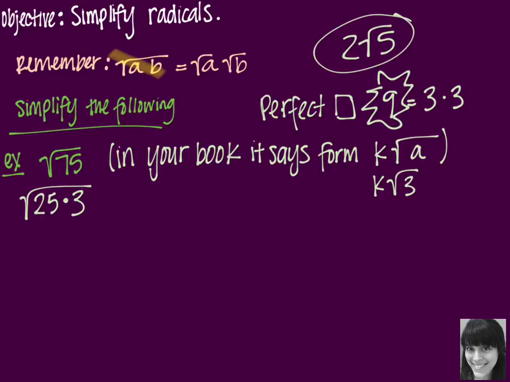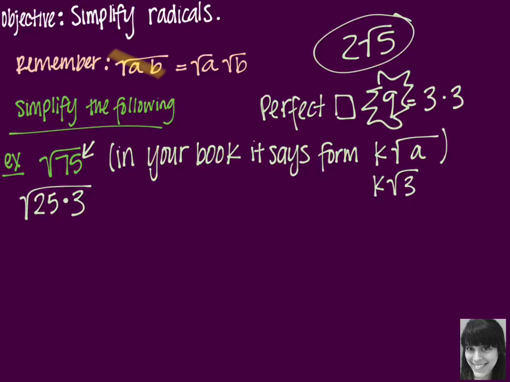You need to figure out what the perfect square is that is a factor of this number that's inside the square root, okay? So don't really pay attention to this part. Just look for perfect squares that are factors of the number here, okay?